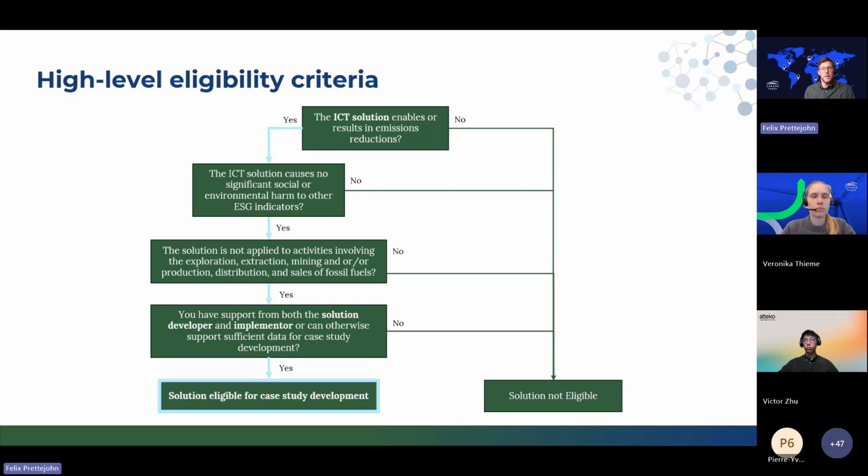And finally, what we're looking for is for people who are submitting solutions to have data supported by the developer and the implementer, or otherwise supported to have sufficient data for the case study. So those 4 things are really important to be able to have an eligible solution for us to take forward.